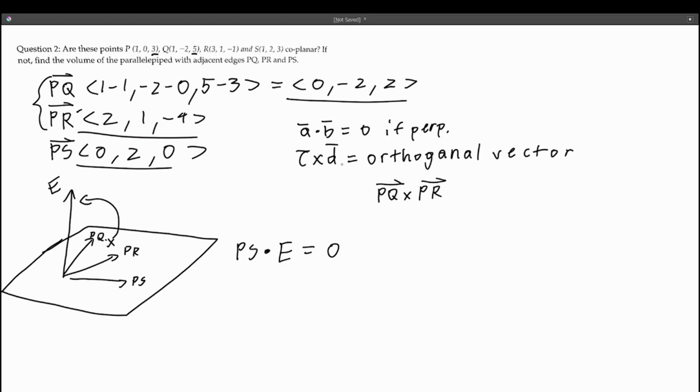All right, so now let's apply this to the vectors that we do have, PQ, PR, and PS. I'll take the cross product of PQ and PR. I'm going to go ahead and erase this just so that I have a little more room to write.